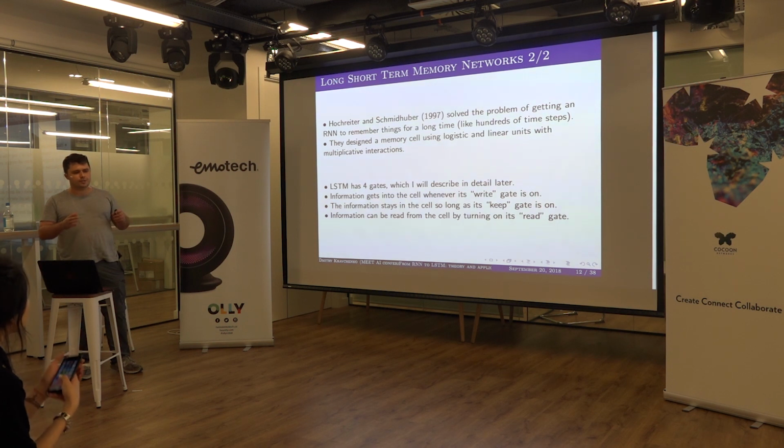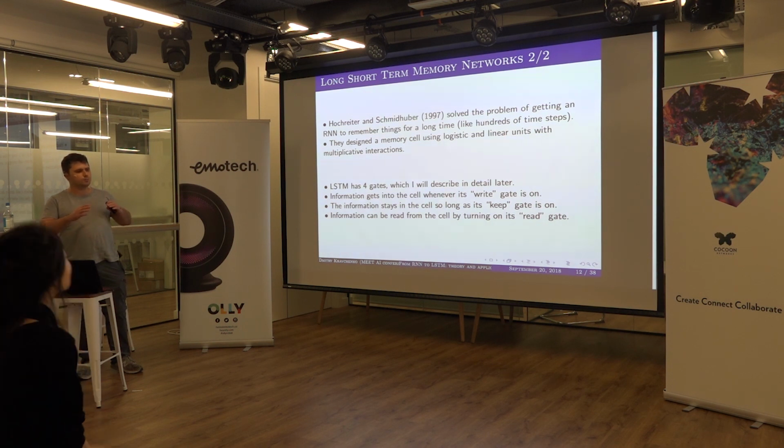LSTM, basically, its structure is much more robust than RNN, where in RNN we had only one hidden state and one network layer.